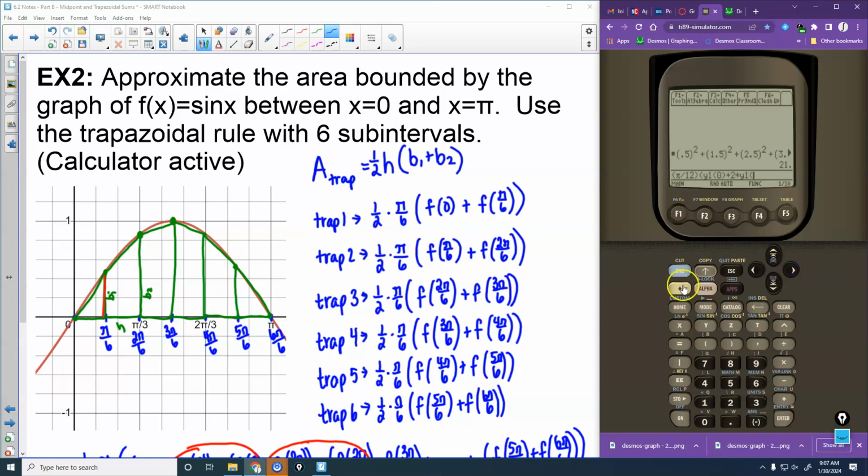Then y1 of pi over 6 plus 2 times y1 of 2 pi over 6 plus 2 times y1 of 3 pi over 6 plus 2 times y1 of 4 pi over 6, it's still taking too long, it's annoying, isn't it, plus 2 times y1 of 5 pi over 6 plus the last one is just going to be 1 time y1 of pi for that. Oh, if we get an error, I'm going to cry.